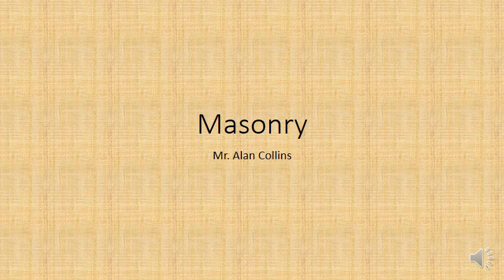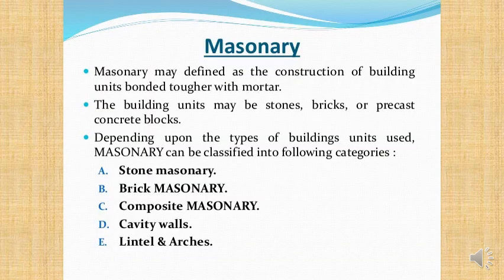But first off, I want to talk about masonry. So it's a term that is used a lot in the construction and building industry, where basically small units or blocks are stuck together with mortar.